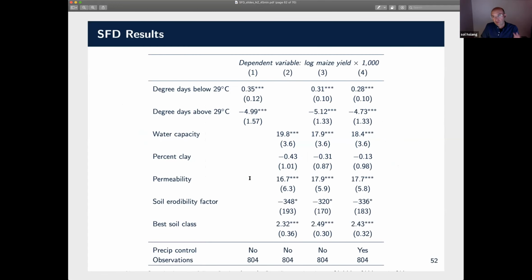So here are the results using spatial first differences. It's the same as the table I showed you before, but it looks quite different. So here's what you see. For example, the effect of hot days is now estimated in 3 different models to be somewhere between 4.73 and 5.12, okay? Even though in these models, we are including or removing a variety of controls.